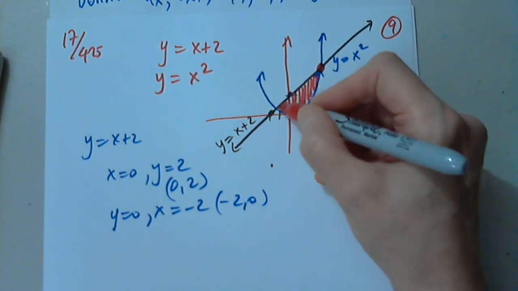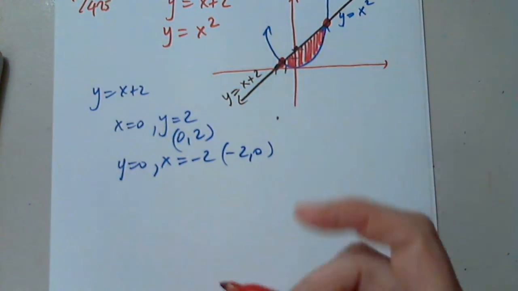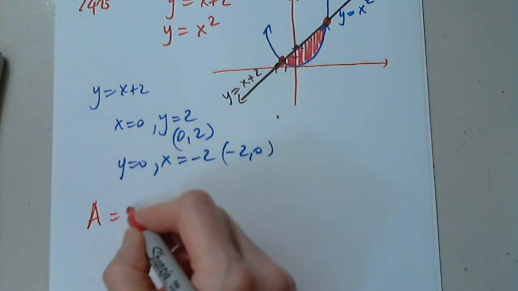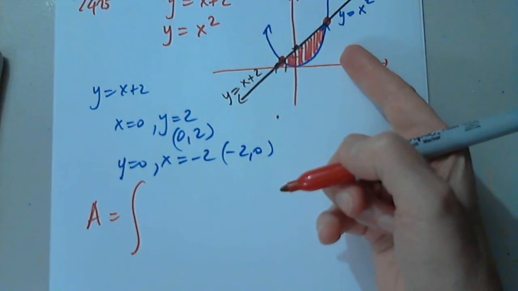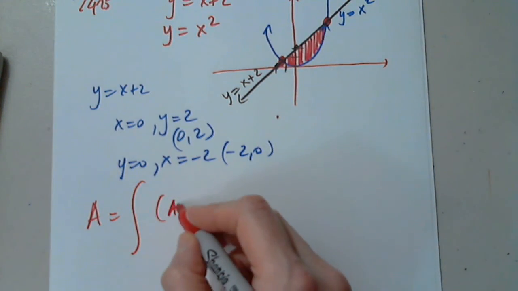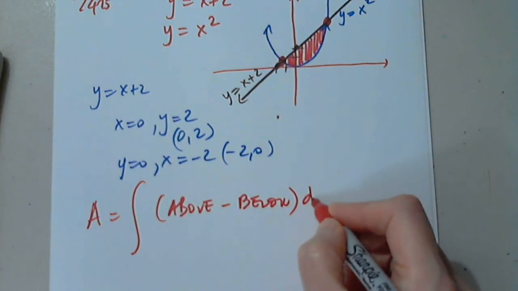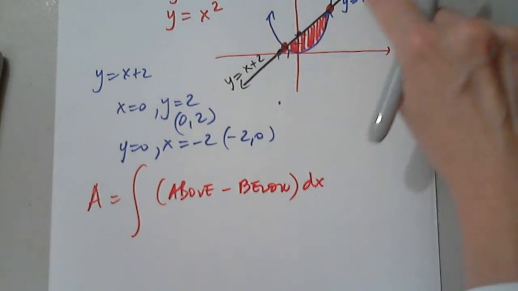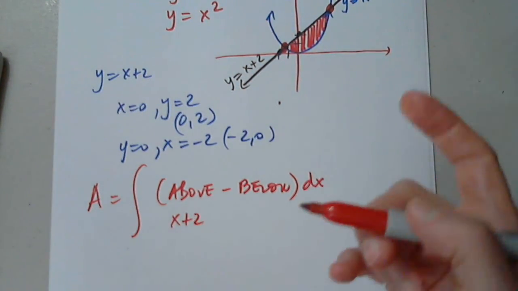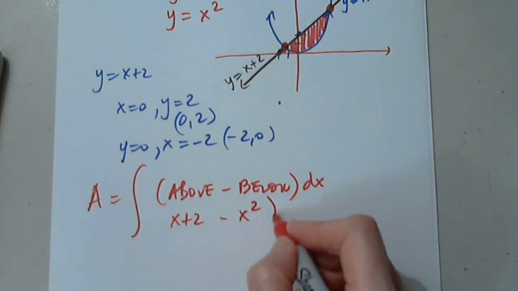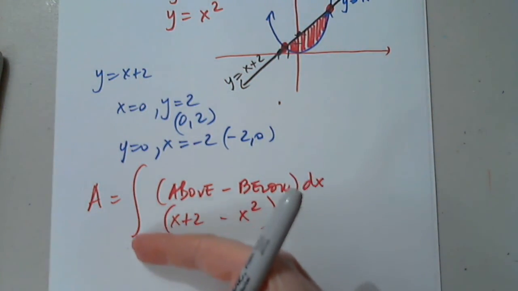Now I need to find the points of intersection. Once I find the points of intersection, I know the area is the integral from this to this, from above minus below dx. Above is x plus 2, below is x squared. But now I have to determine these limits.